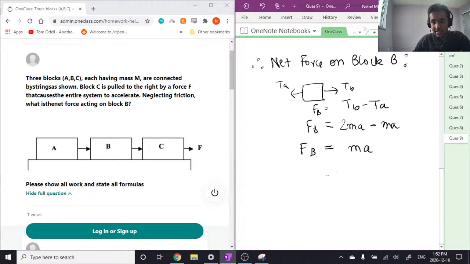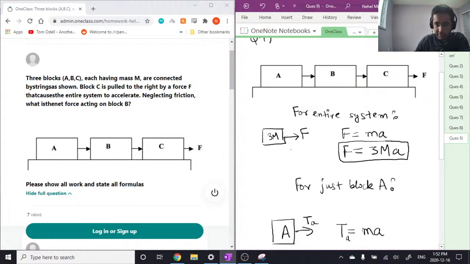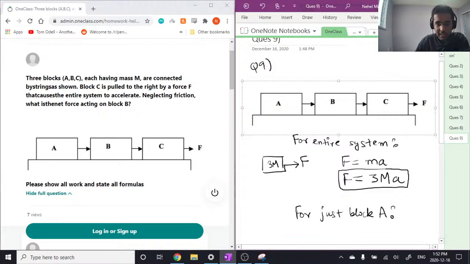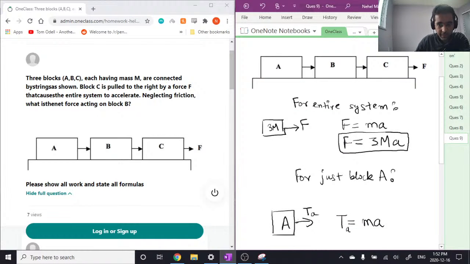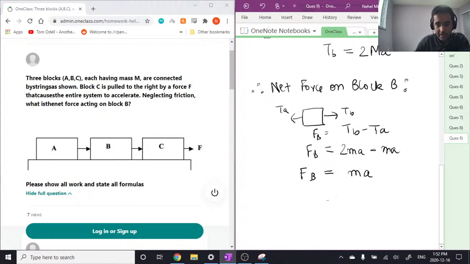Now, we can't leave the answer in this form because we were not given what a is. So we need to express this in terms of what we were given. We were given this expression, right? So from here, we can say that Ma is actually F over 3. Using that, FB is nothing but the overall force divided by 3.